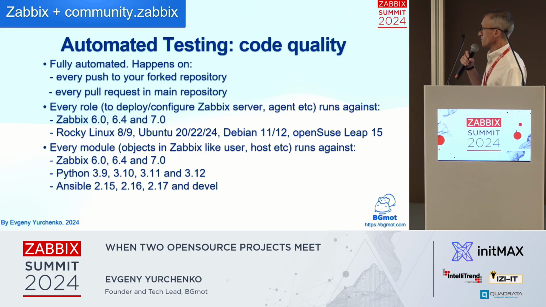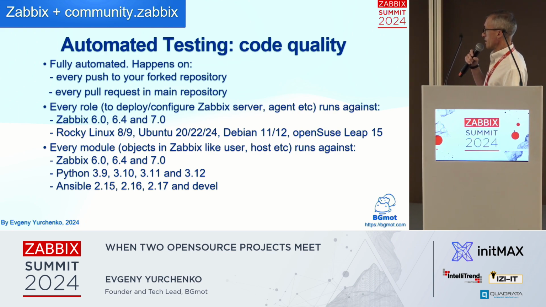Now a couple of things about the quality of this collection. First of all, automated testing. It's fully automated on every push, every pull request. We run a lot of tests. Here you can see that we test all currently supported versions of Zabbix, on all supported operating systems. Well, maybe not all, but most of them.